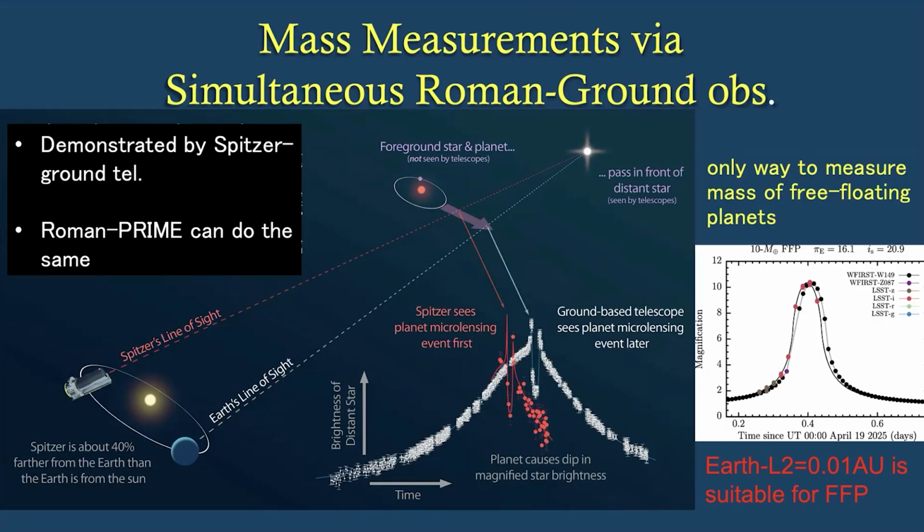This is the so-called space-based parallax, and this is the only way to measure the mass of the free-floating planet. The difference in distance between the Earth and L2 is 0.01 AU, and this is suitable for measuring this parallax for free-floating planets.